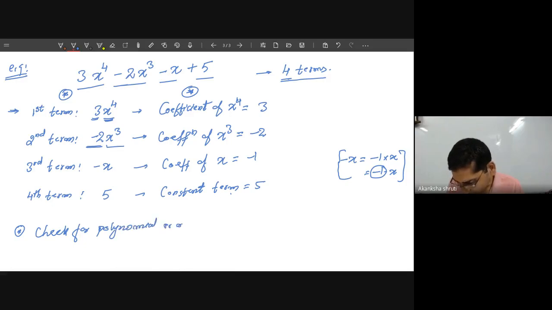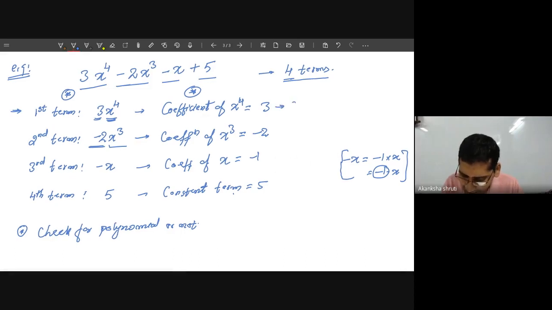Check for polynomial or not. A student, I had already told you, whatever the a0, a1, a2, a3 is here, these are those values. It is like our a0, it is like our a1, it is like our a2, it is like our a3. It is ending because there I had taken n terms, but here I have taken 1, 2, 3, 4 terms only.